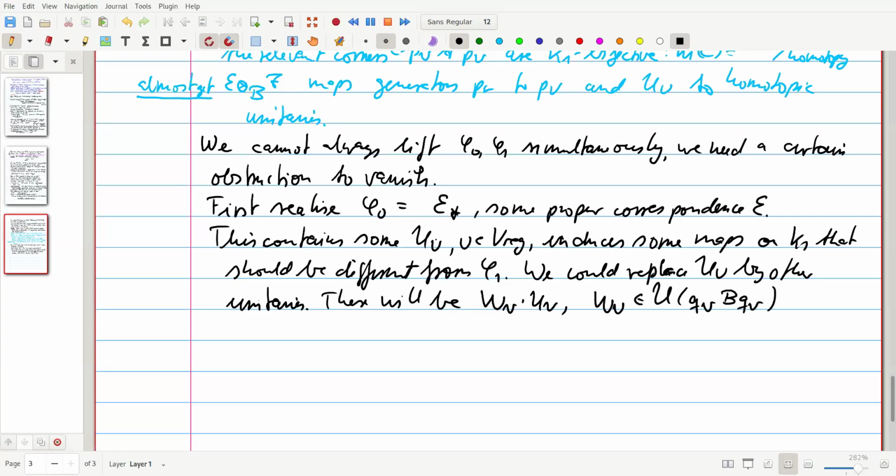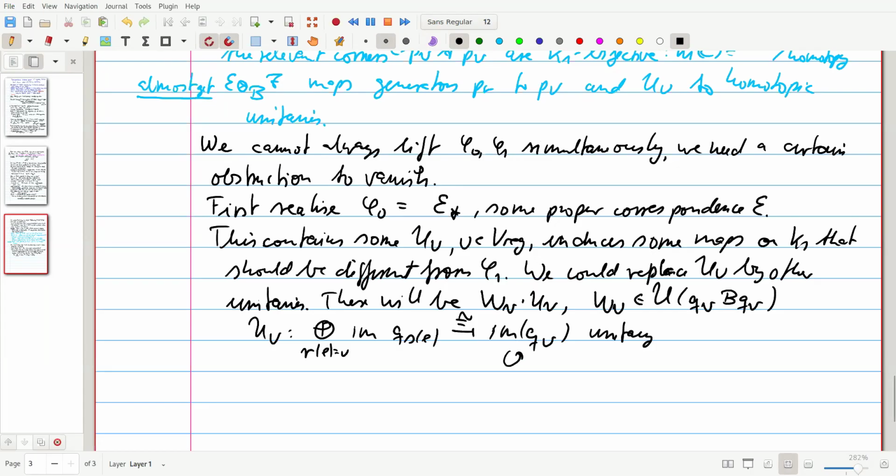So this UV was supposed to be unitary from, well, the direct sum of the images of QS of E to the image of QV. It was unitary like this. And if you're given two such unitaries, well, one will be just obtained from the other by multiplying with the unitary on this image of QV.